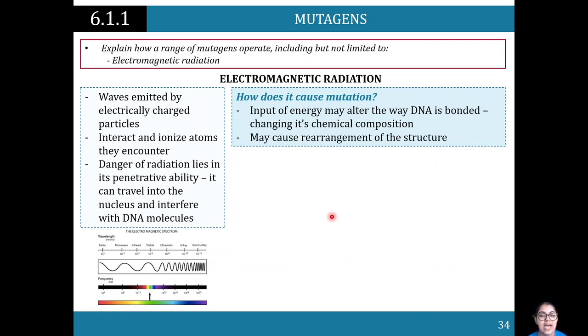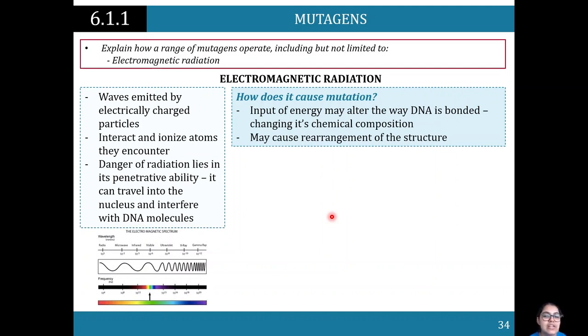They interact and ionize atoms that they encounter, and the danger of radiation lies in its penetrative ability. Electromagnetic radiations can penetrate quite deeply, travel into the nucleus, adhere with DNA molecules, and lead to the creation of free radicals. So it's not very good at all.